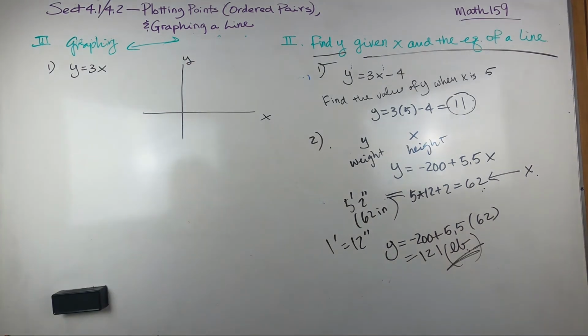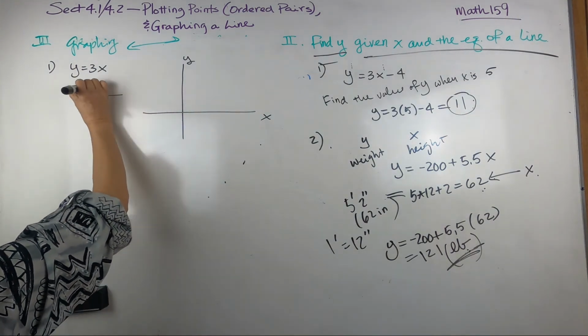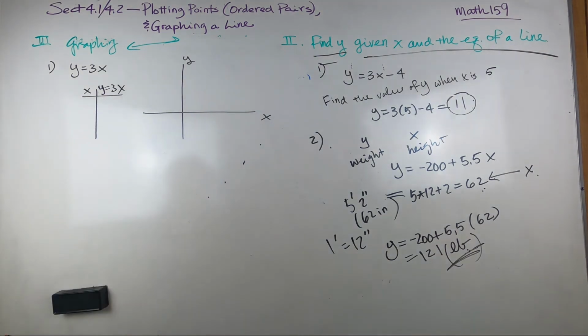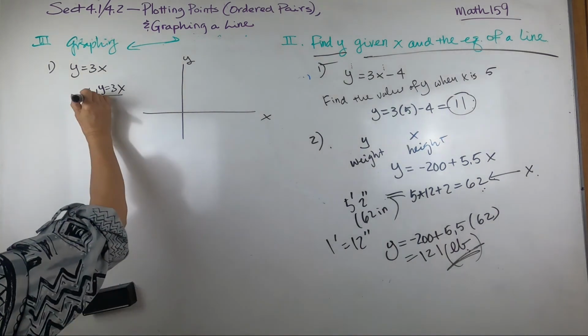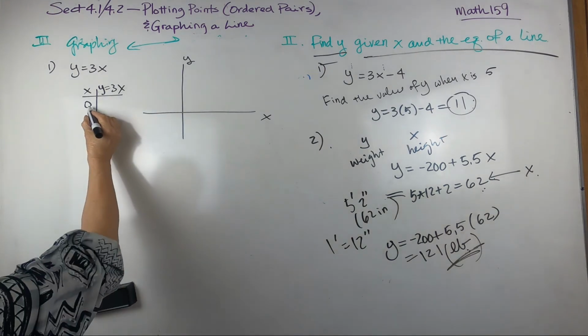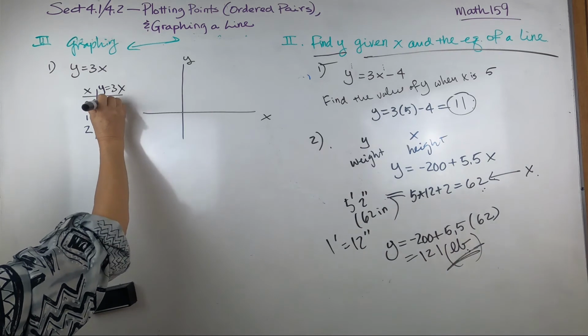You have to have the points, and all the points should form a line. So we just use a t-table. We say x, y equals 3x. You just plug in a few points, okay? Usually we just use 3 points: 0, 1, 2. So when x is 0, then y is 3 times 0, so it's 0.